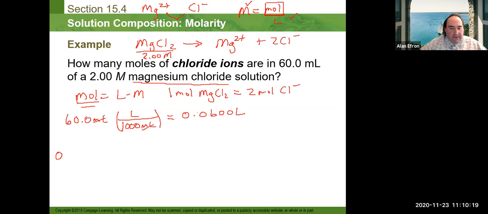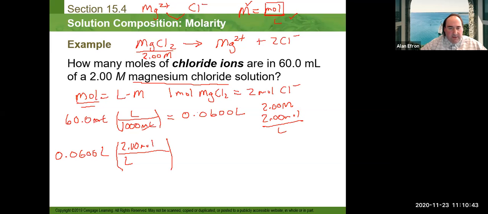So we could start with that and do a little dimensional analysis here. So 0.0600 liters. We could use the concentration of the whole thing, which is 2 molar. So remember when it says 2 molar, big M, that is the same as 2 moles per liter. So we could use it like that here. So 2 moles per liter of the whole thing.